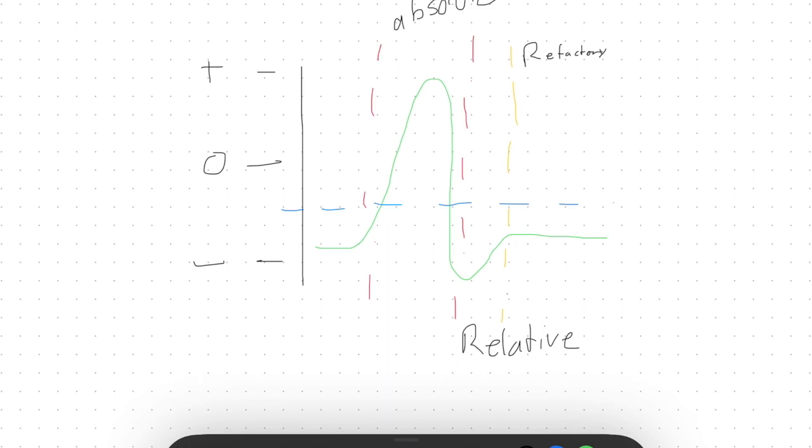Once it drops down below and hyperpolarizes, this divot here is the relative refractory period, which follows the absolute refractory period. Potassium channels are still open and the membrane potential is hyperpolarized. It's possible to initiate another action potential, but it requires a stronger stimulus since it's dropped below where it was originally at.